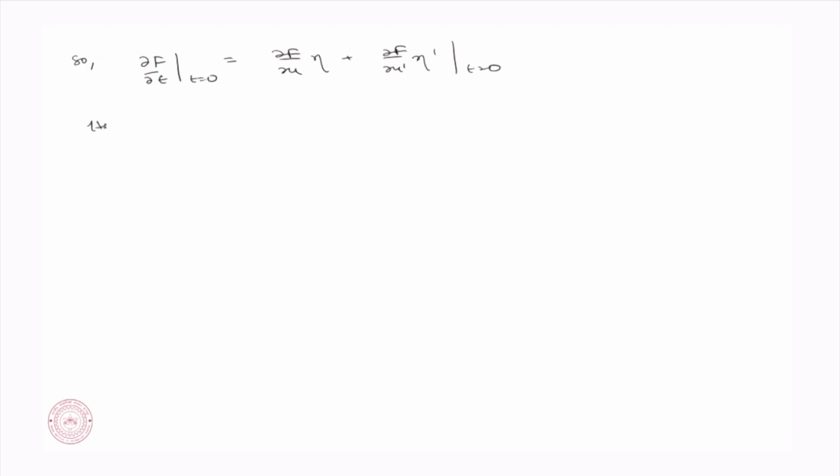Hence, our dI by d epsilon at 0, that is I prime at 0, is the integral from x1 to x2 of del F by del u times eta plus del F by del u prime times eta prime, dx, and this is equal to 0. Okay. So, that is the objective of minimization. We have taken the derivative of our functional with respect to epsilon and we have made it equal to 0.